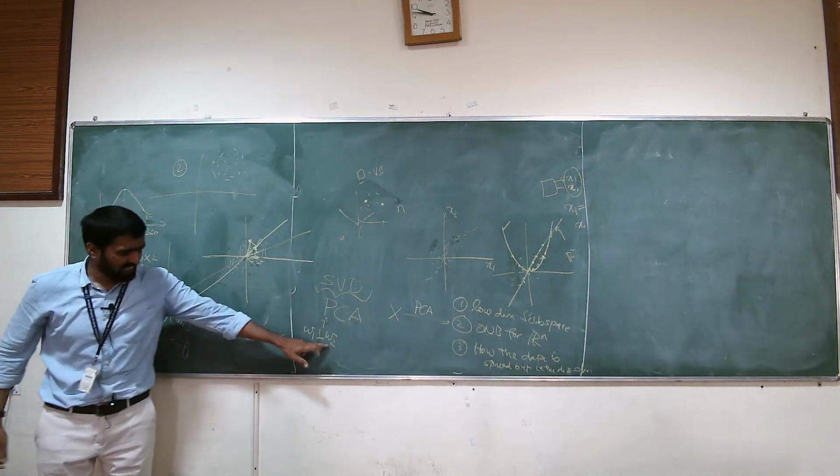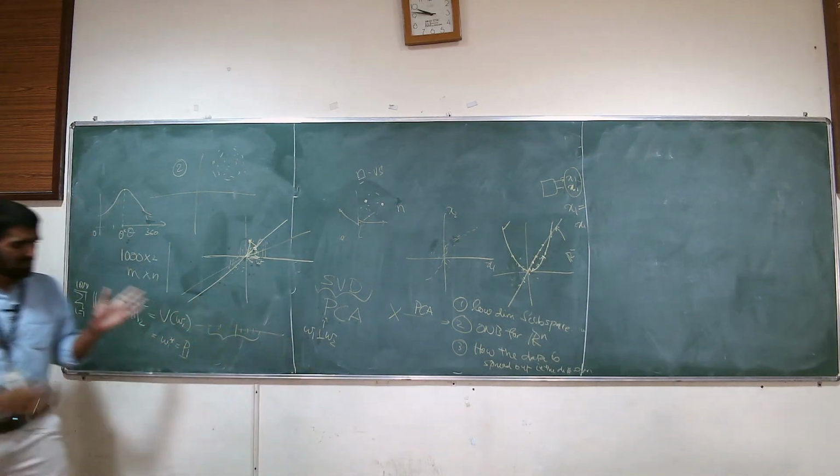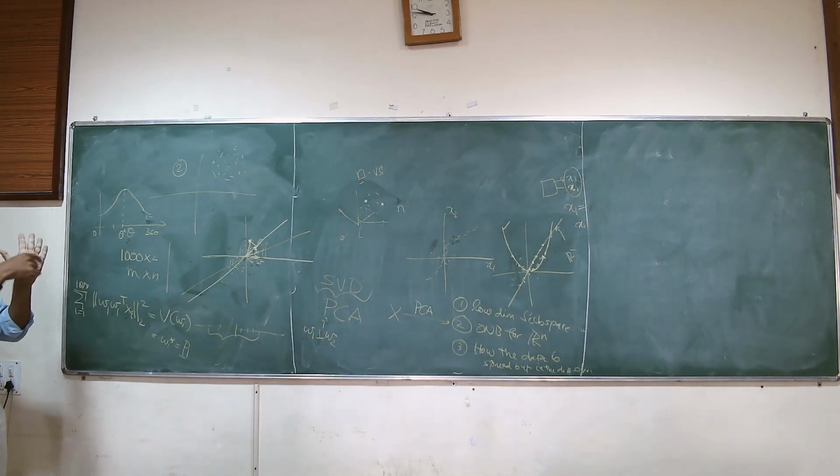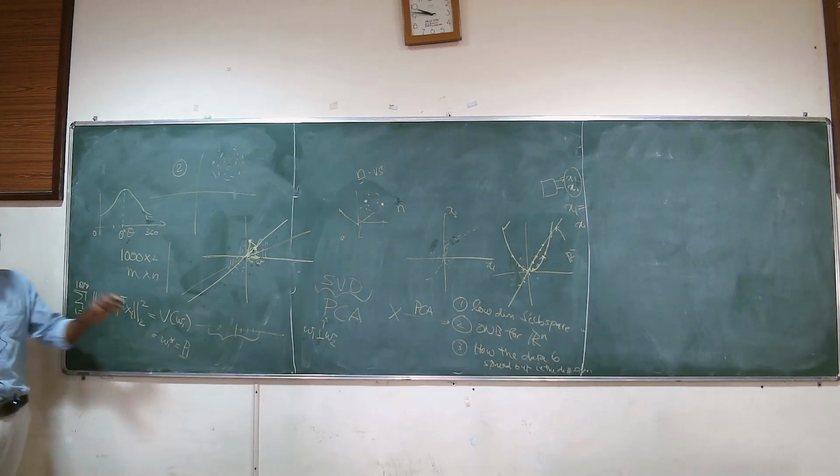That means my second direction has to be orthogonal to my first one. If this is my first direction, the second direction is anywhere on this plane. So now I choose different directions along this plane, and I do the same thing. I project my data points onto each of these directions, and I find out which is the direction along which data is maximally distributed. That will give you W2.